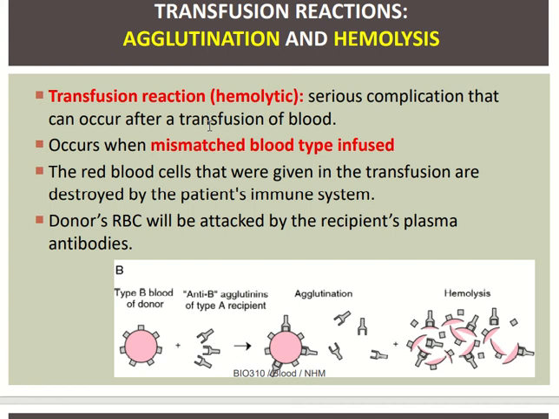The red blood cells that were given in the transfusion will later be destroyed by the patient's immune system, after the antibody of the blood recipient recognizes the antigens of the donor blood, and it will attack and destroy them, as it recognizes them as foreign substances or foreign cells.